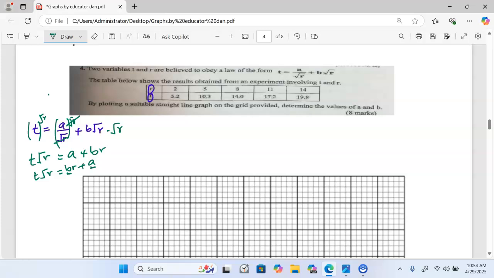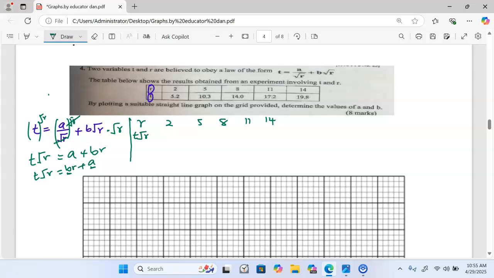In this case, we are going to plot T root R against R, and therefore we need to get a table having the values of R and also T root R. The values of R are already given as 2, 5, 8, 11, and 14. We are going to use these values to get T root R.